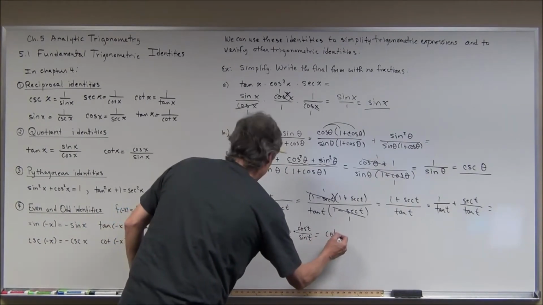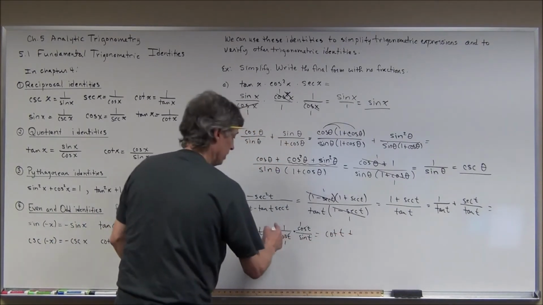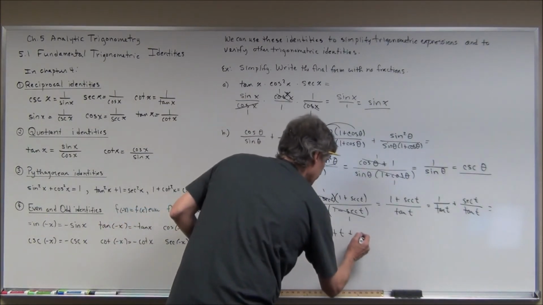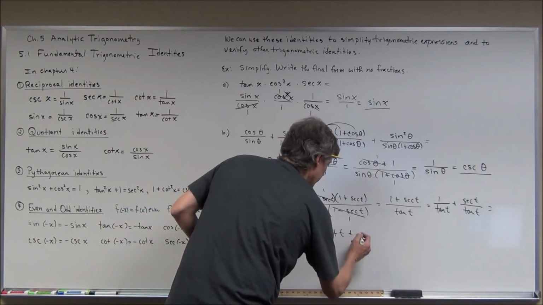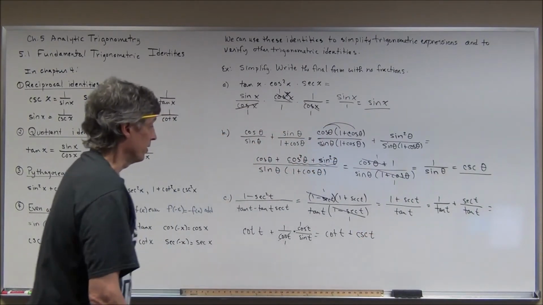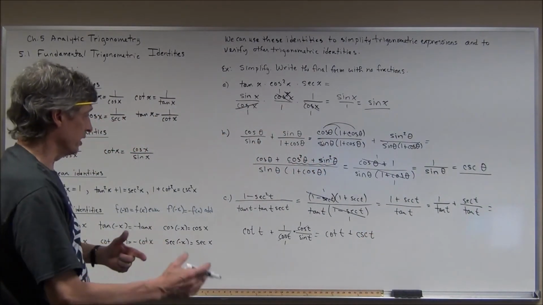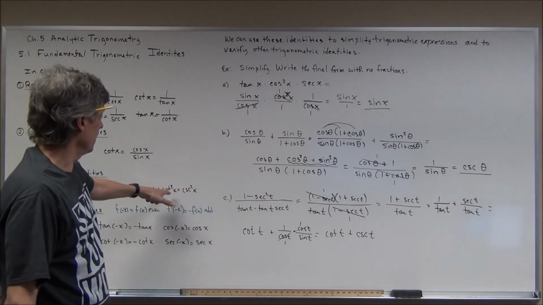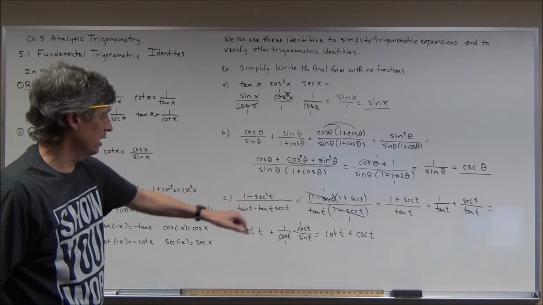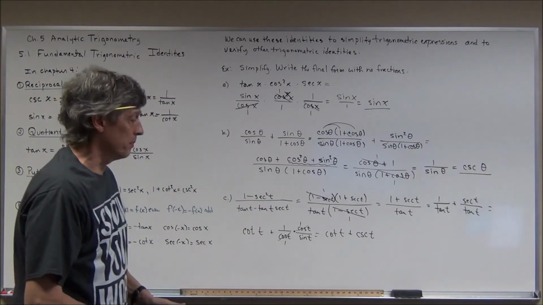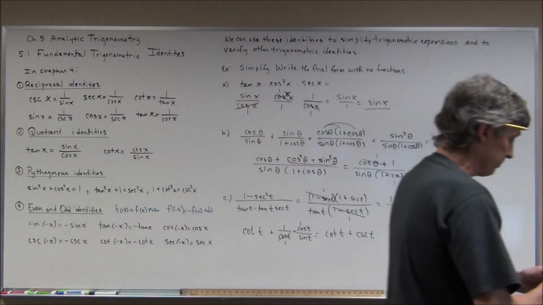So I have the cotangent of t plus, looks like 1 over the sine of t, which is cosecant of t. Now, if I had a function that somehow related those, and I know that this Pythagorean one has both the cotangent of x and the cosecant of x, but they're squared in here and they're not squared here, I believe that's about as far as I'm going to be able to take that one.